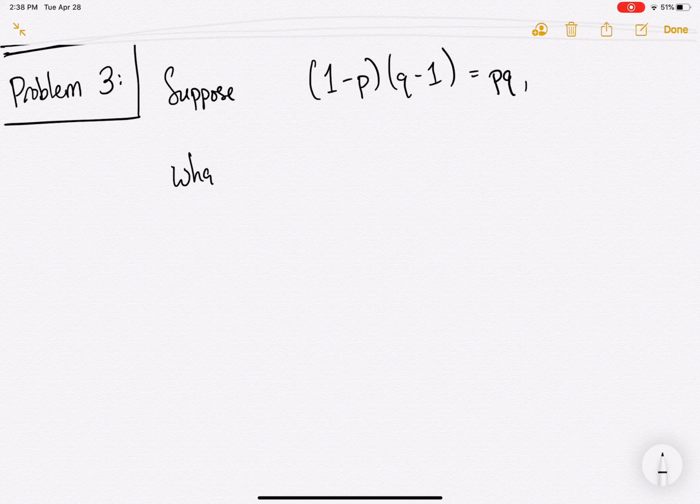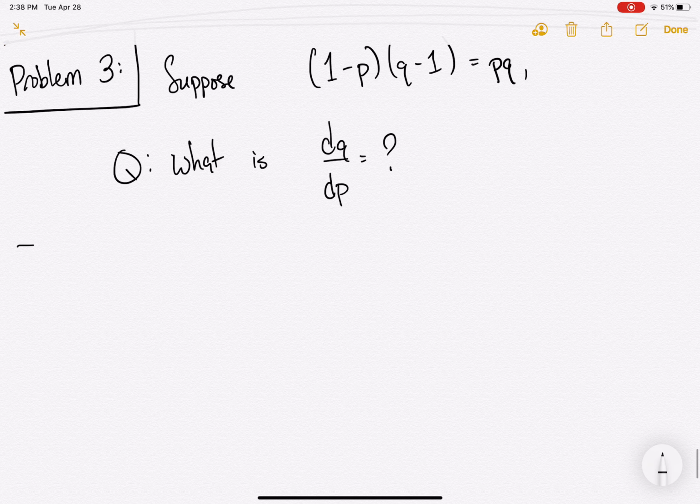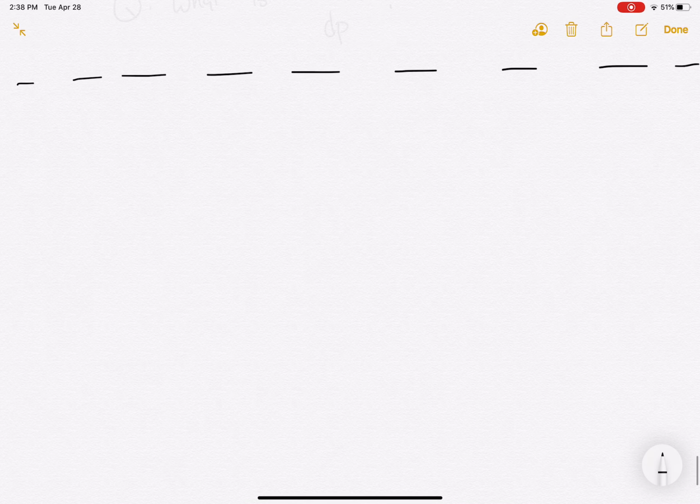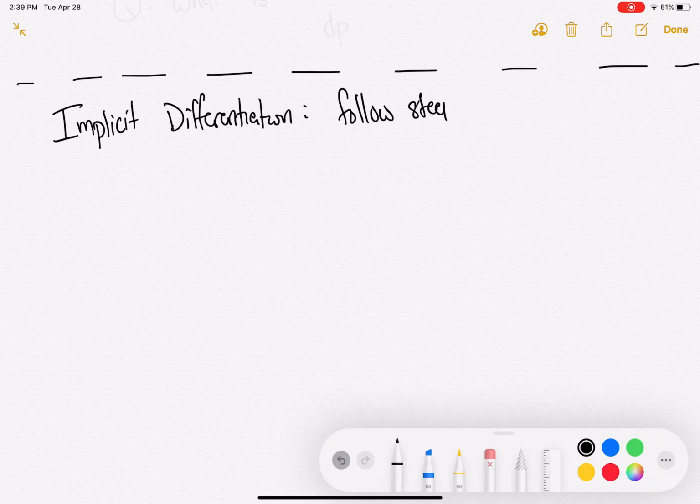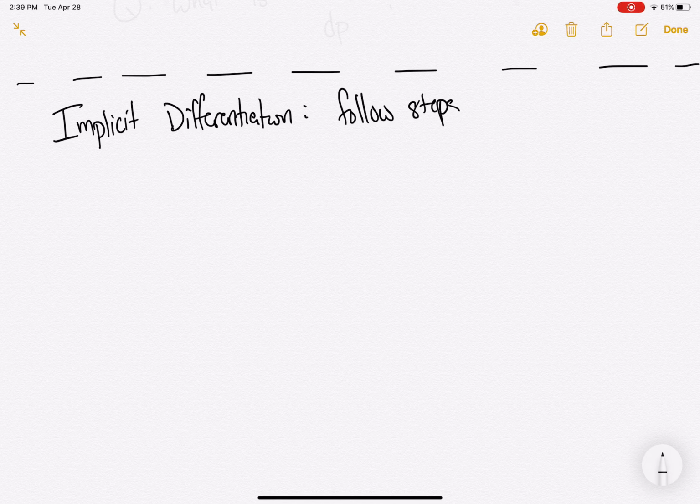What is dQ/dP? So this is implicit differentiation, so we're going to follow the steps. See week 1 final review for steps.